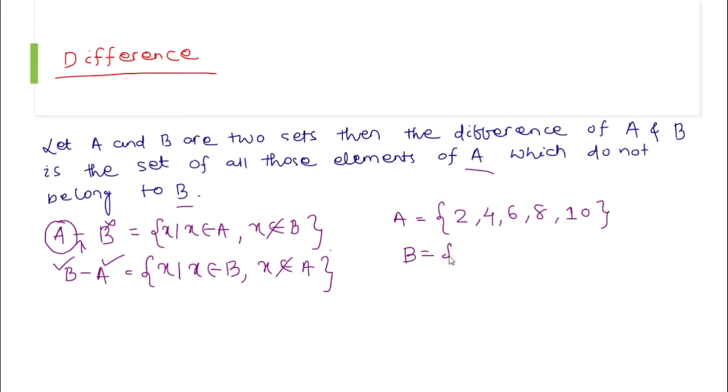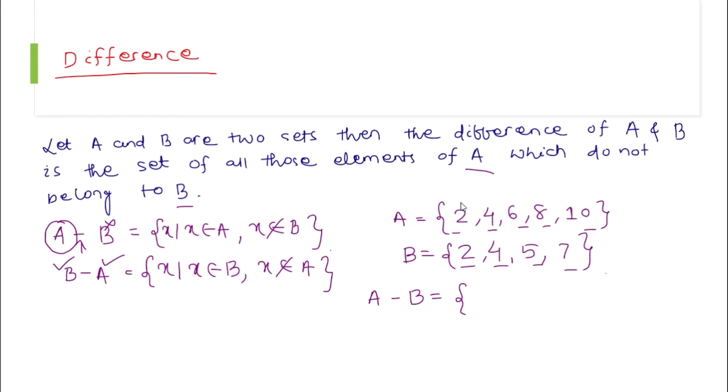If A is any set where the elements are as follows, and B is another set where the elements are like this, what will be A minus B in this case? Here you have to see that in A, 2, 4, 6, 8 and 10 are there, and in B the elements are 2, 4, 5 and 7.